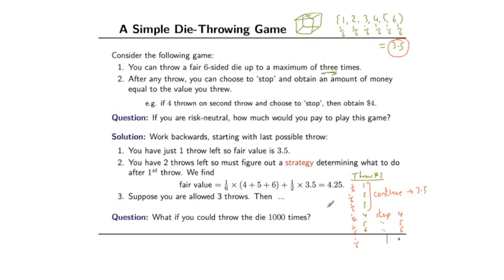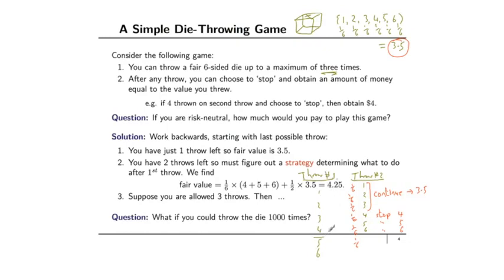If there's 3 throws remaining, the exact same idea works. You now consider the first throw. Okay, so there's not much room here, but the first throw we could start with here. And we would figure out what to do in each of these scenarios. Well, if we throw a 1, 2, 3, or 4, we would actually choose to continue. Why?